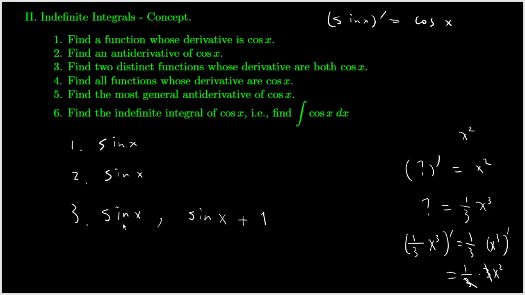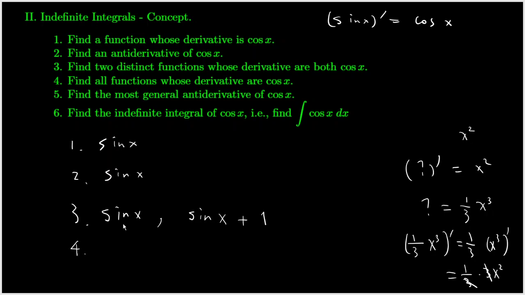Simple. Now let's move on to question 4. In question 4, we are looking for all the antiderivatives of cos of x. In question 3, we found two particular ones.